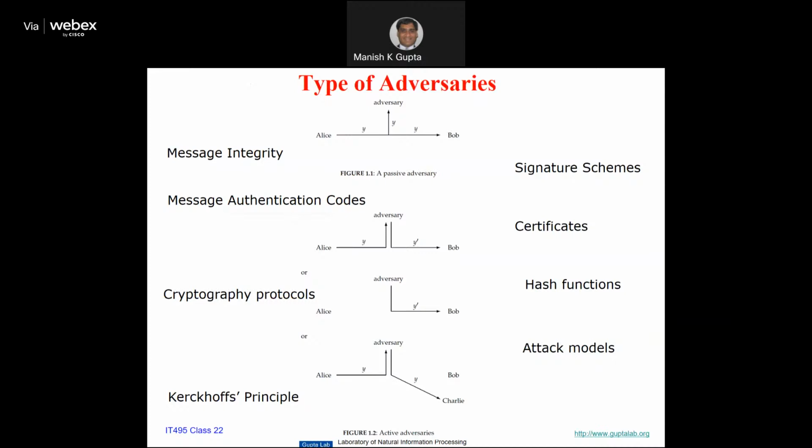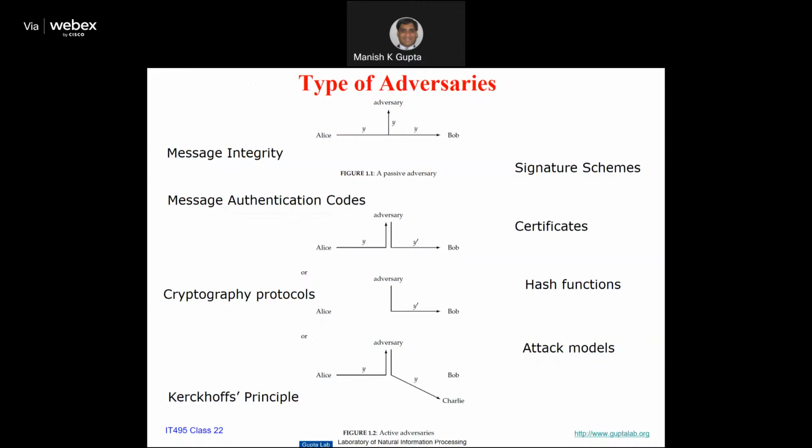So we know that there are different types of adversaries that are possible. Alice is sending something, Y, to Bob. Bob should receive Y, but the adversary is stealing that information, right? That is one kind of passive adversary, they call it. Then there is another one. Alice is sending Y, and the adversary is sending Y prime rather than Y to Bob, right?